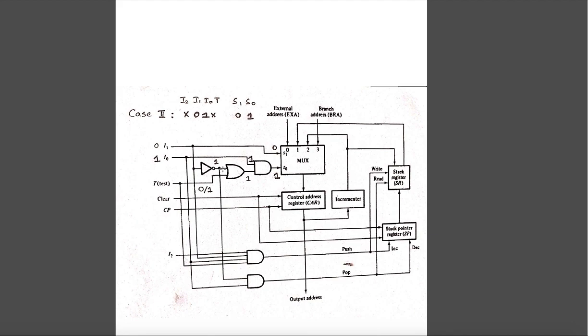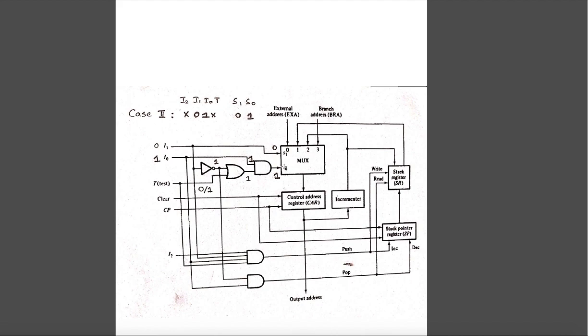If any one of the inputs to an OR gate is 1, its output is also 1. So it doesn't matter whether the test bit T is 0 or 1. If it is 0, the output will be 1, and if it is 1, the output will be 1. That is the reason why it is don't care. So here also it will be 1, since when two ones are given to an AND gate, obviously the output will be 1.